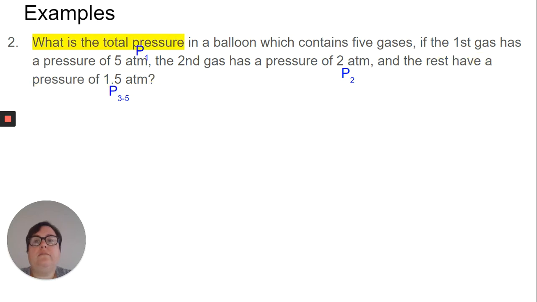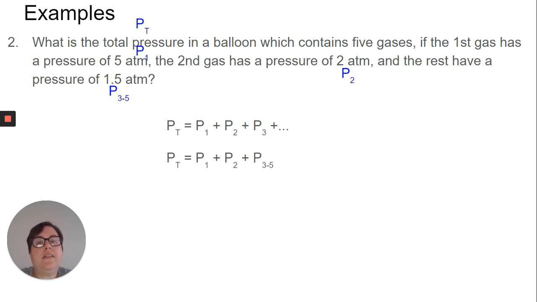We're looking for the total pressure, so we're going to solve for PT this time. All of the pressures given to us are in atm, so we don't have to worry about converting this time. So the total pressure is equal to the pressure of P1 plus P2 plus 3 through 5. Notice this time, these two formulas look very similar because we don't know the gases, we're just numbering them.